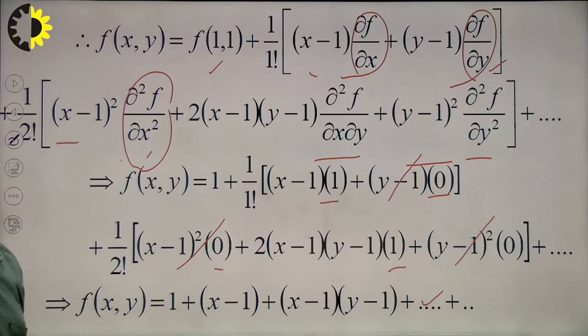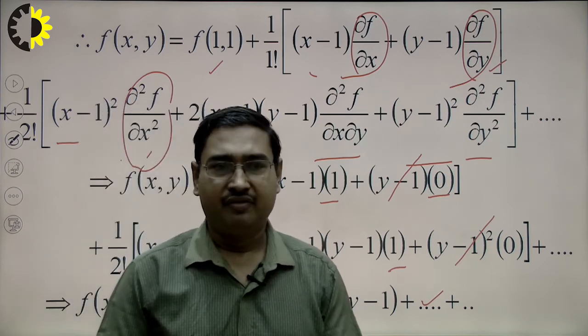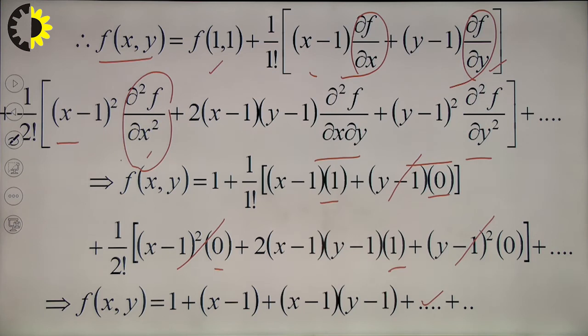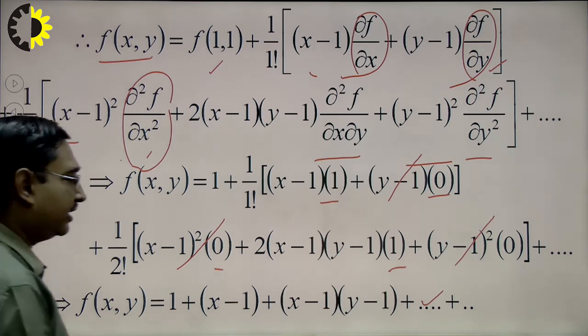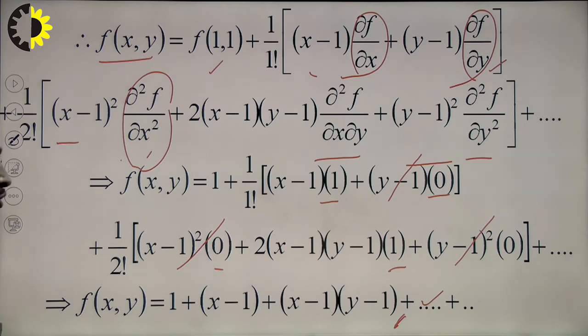What is done? Let me sum up once again. First of all, the function was given, the function was taken as f. This function was expanded up to second degree terms, so all partial derivatives up to second order were calculated.